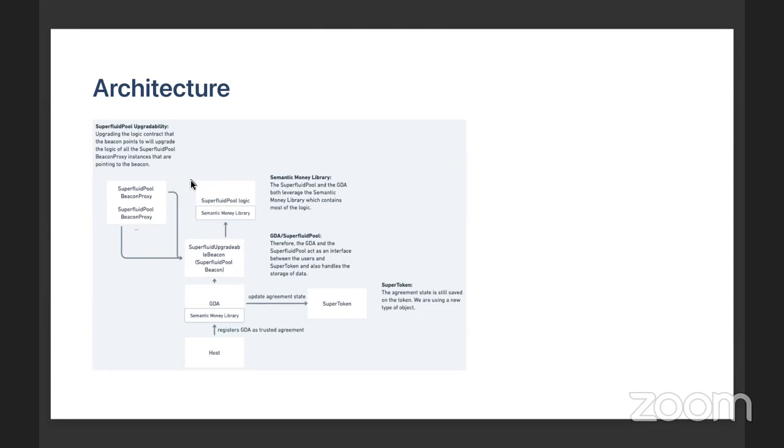We could also do the other approach of UUPS proxy, like the super tokens right now, but that would mean that some people might not have the newest logic contract, and it's a similar process as updating the super tokens.